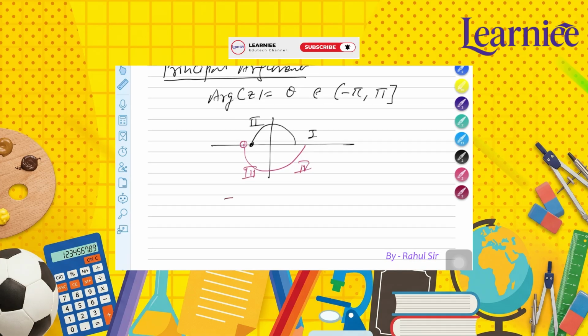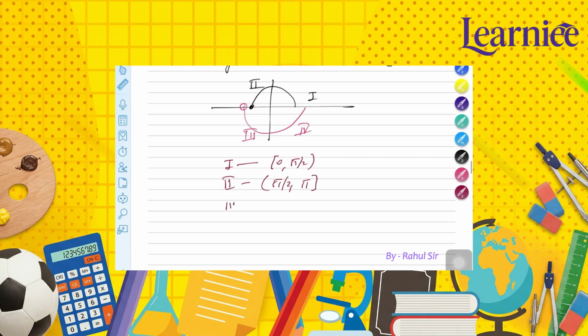Clearly, for the first quadrant we have 0 to pi by 2, and for the second quadrant we have pi by 2 to pi. For the third quadrant we measure in a clockwise sense, that's why it is a negative value, so minus pi by 2 to minus pi, and obviously the fourth quadrant is 0 to minus pi by 2.